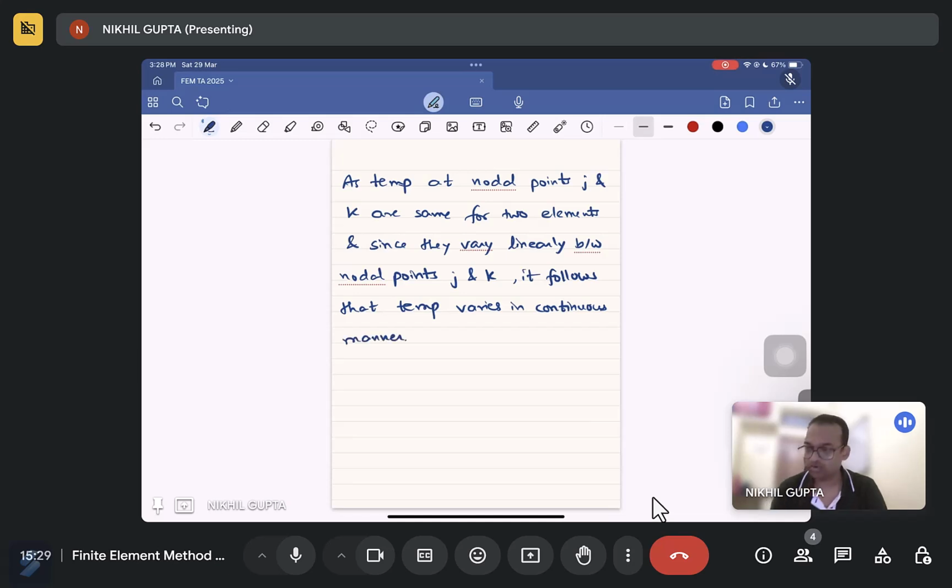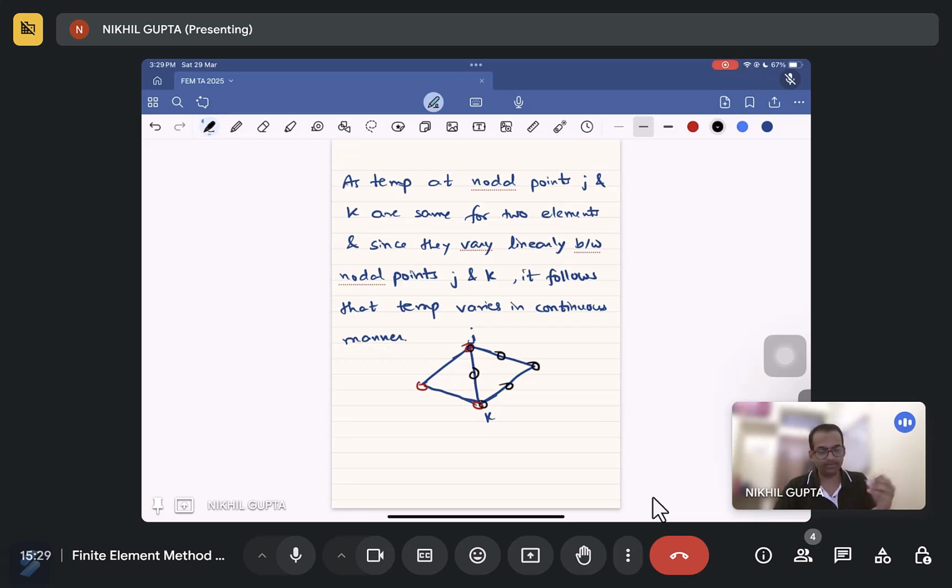Now the question can arise: let's say we have taken these two elements, this as J node, this is K node. Initially we will take this at J, and solve this for UJ, this for UK, then obviously this will be the same. But the problem is, let's say you take this as a three noded triangle and you take this as more than that.